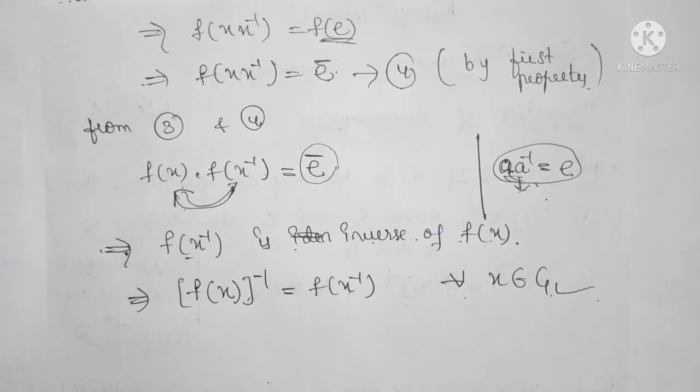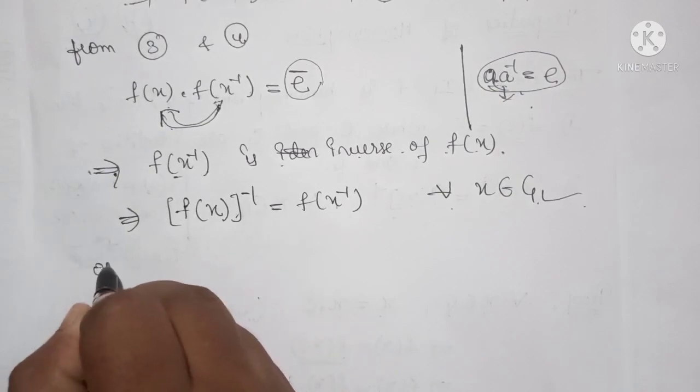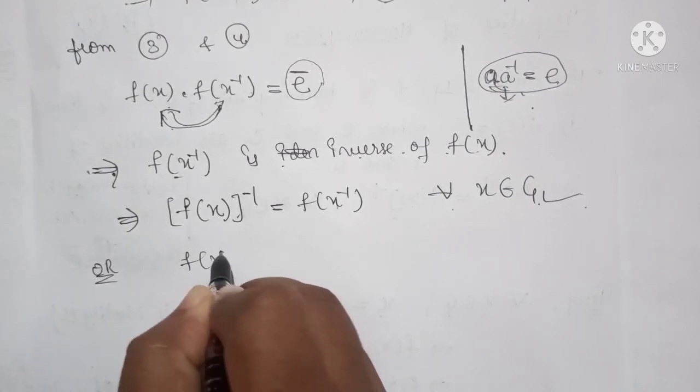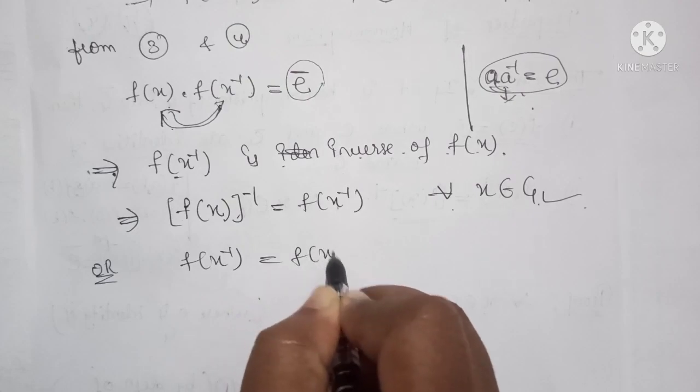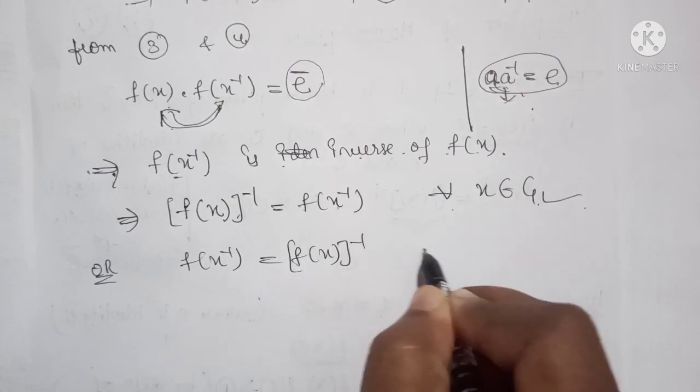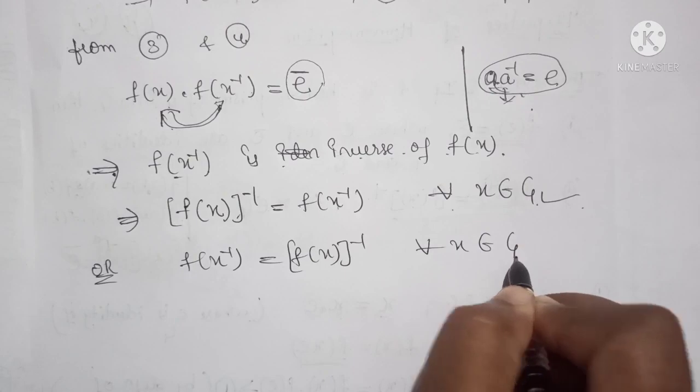Or you can write it as f of x inverse is equal to f of x whole inverse for all x belongs to G.